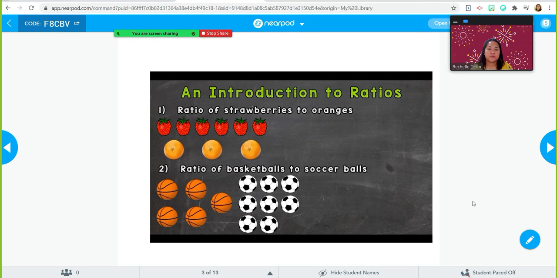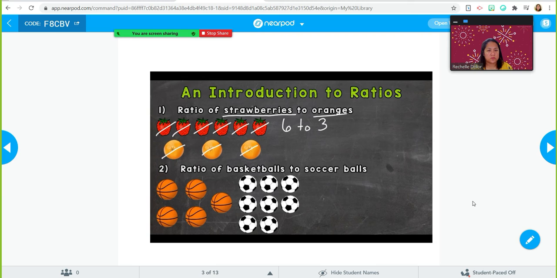So let's first start by counting the number of strawberries. 1, 2, 3, 4, 5, 6. So we have 6 strawberries to how many oranges? Well, 1, 2, 3. 6 to 3. So this shows for every 6 strawberries, there are 3 oranges.